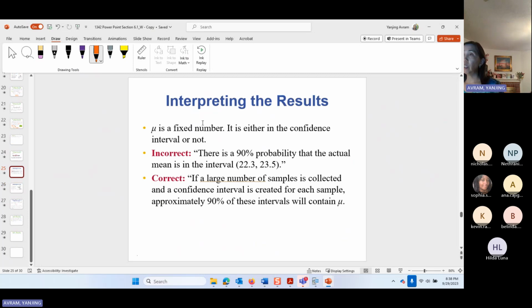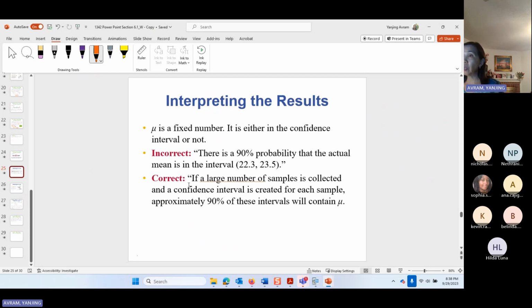All right, so how do you interpret the result? How do you explain your final outcome? Sometimes people will say there's a 90% probability that the actual mean is in the interval. No, that is not a correct way to say this kind of statistical outcome.